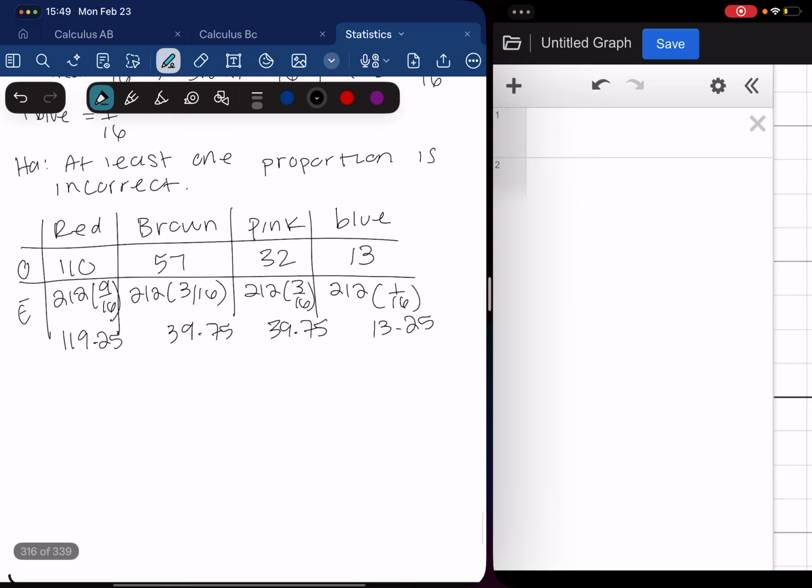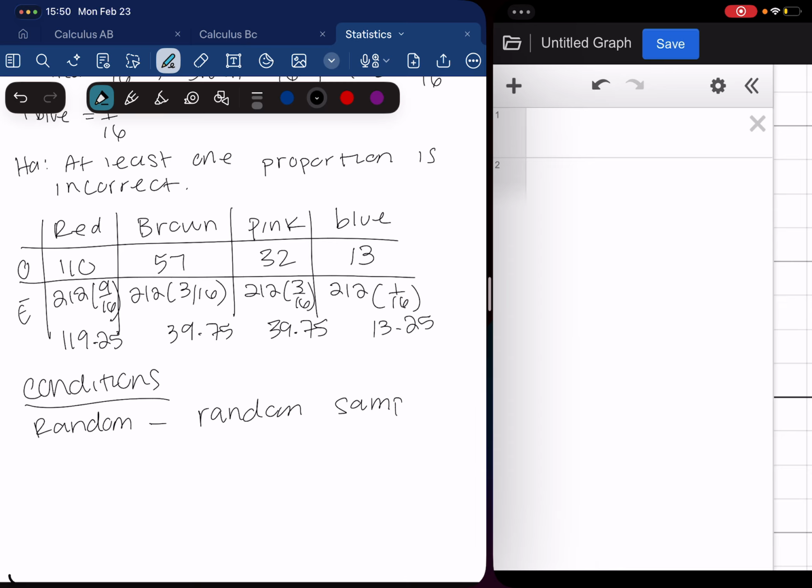So my conclusion, I'm going to be comparing my p-value to alpha. And since my p-value is smaller than alpha, I'm going to reject the null hypothesis. So since p-value equal to 0.021 is less than alpha equal to 0.05, we reject the null hypothesis.